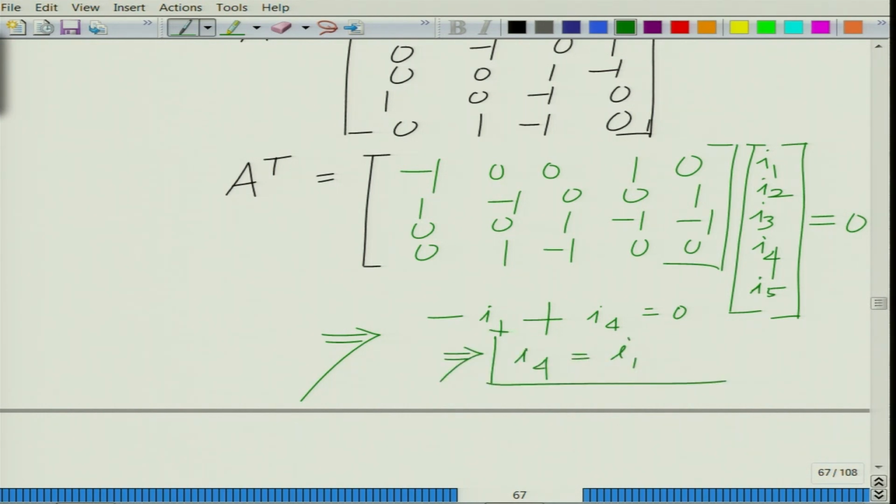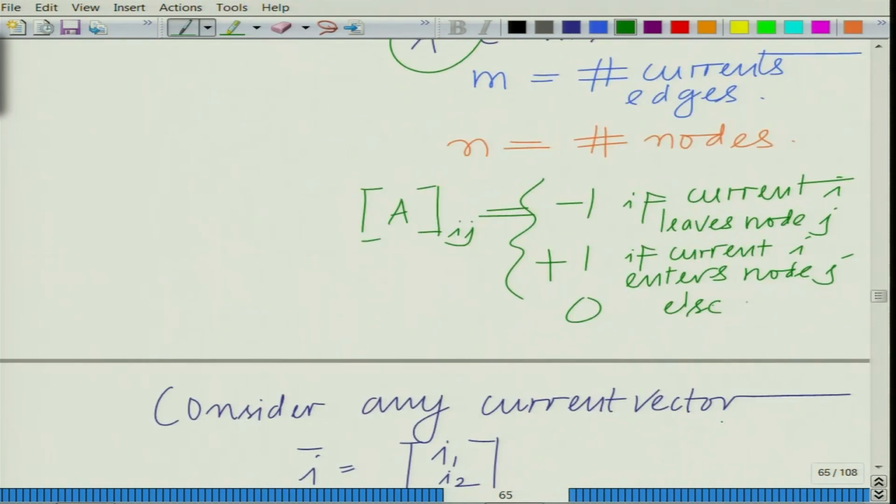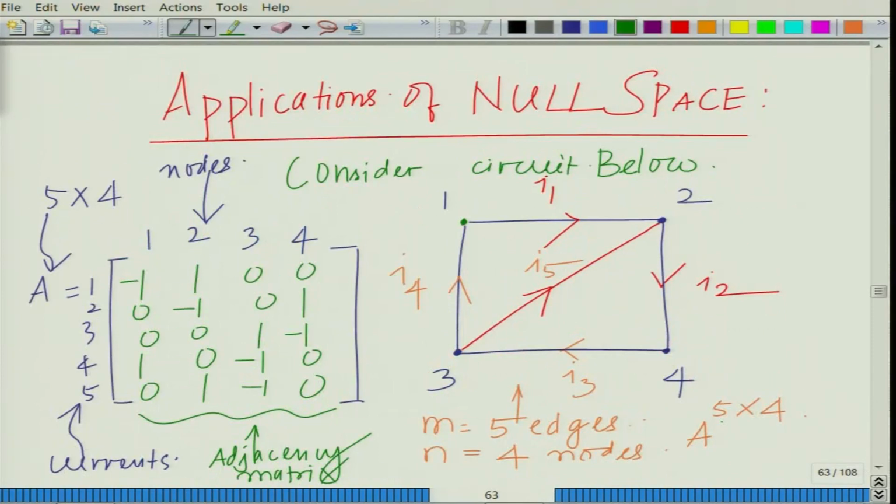But if you go back and look at this circuit, I4 equal to I1 says that I4 is current entering node 1, and I1 is current leaving node 1. So, current entering node 1 must be equal to current leaving node 1.